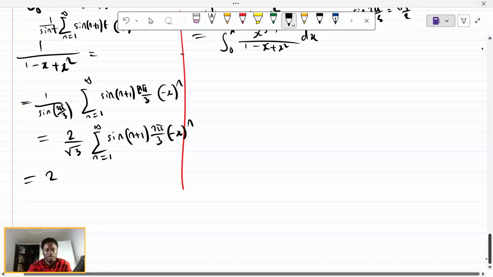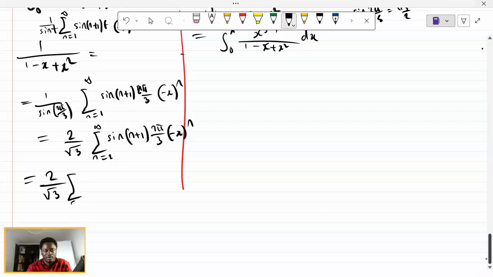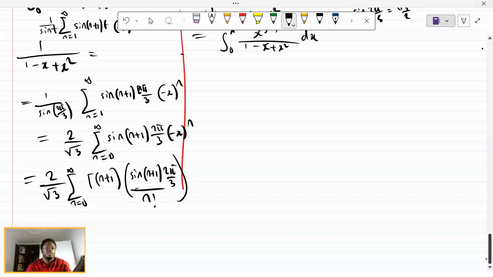We can say this is equal to 2 over square root of 3 times the sum as n runs from 0 to infinity of gamma of n plus 1 times sine n plus 1 times 2 pi over 3, all divided by n factorial, then you have negative x to the n.